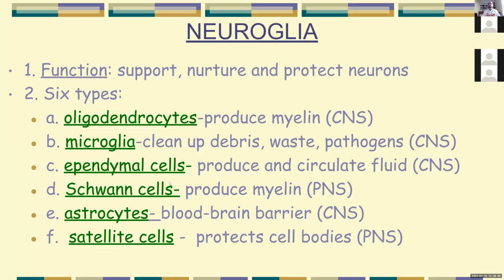And then finally, the cells that protect the cell bodies in the peripheral nervous system are called satellite cells.